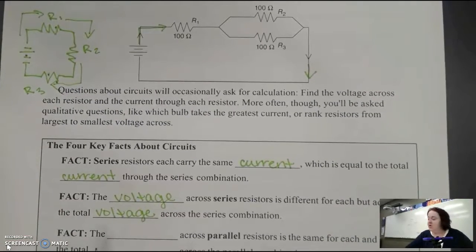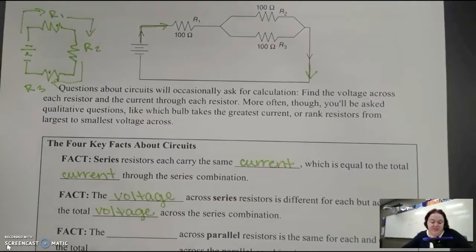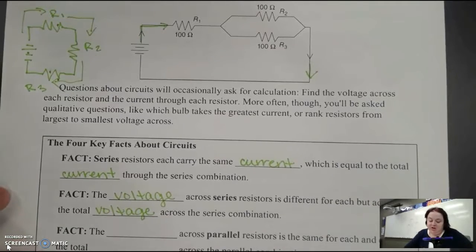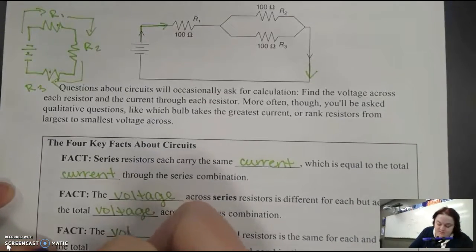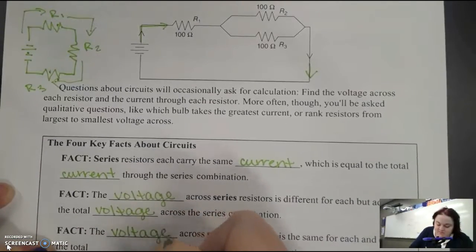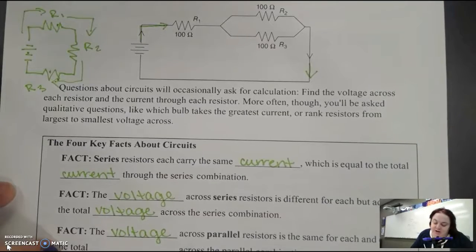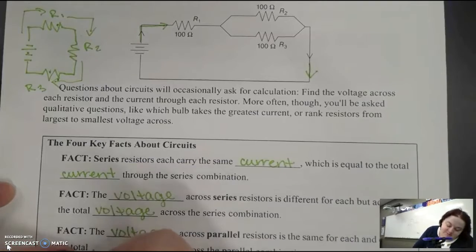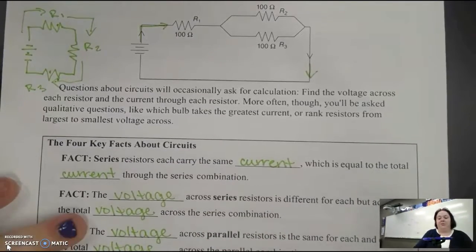Now, things work a little bit different in parallel. The voltage across parallel resistors is the same for each and equal to the total voltage across the parallel combination.